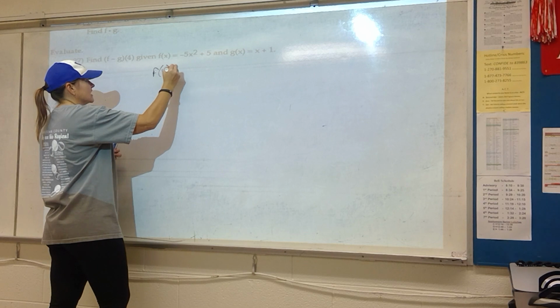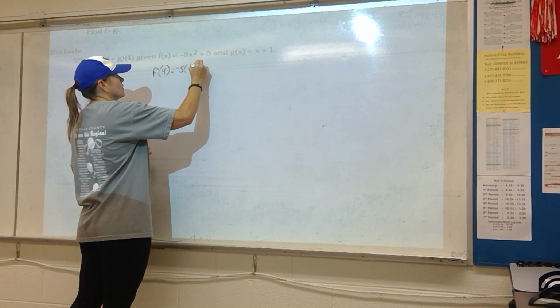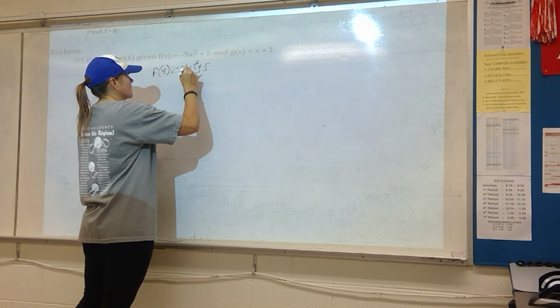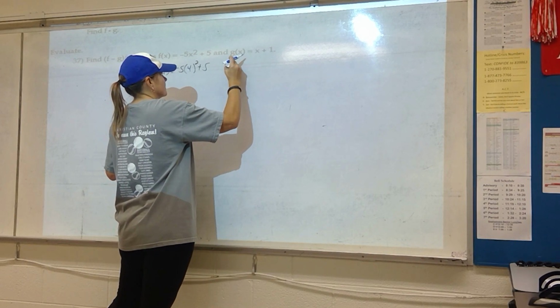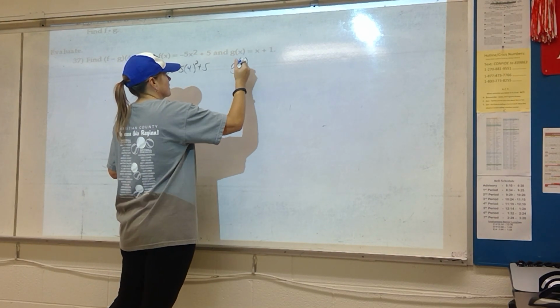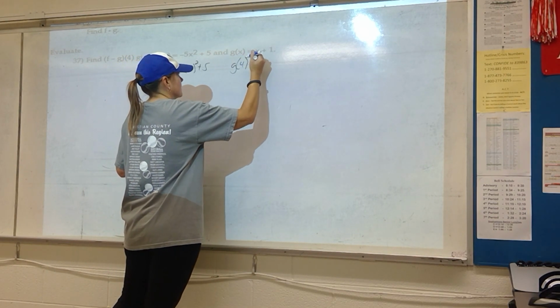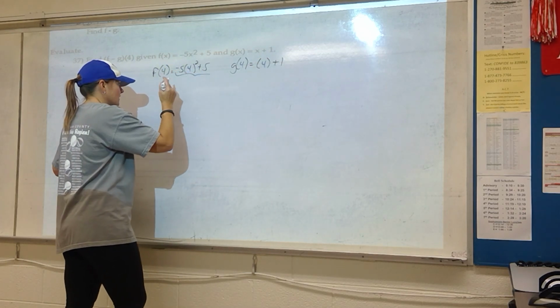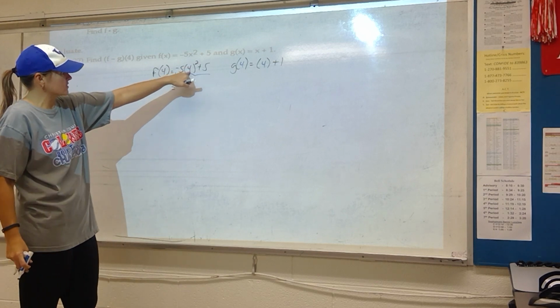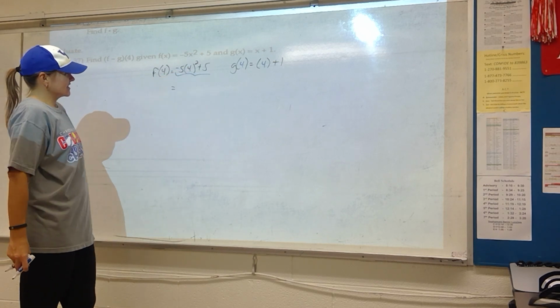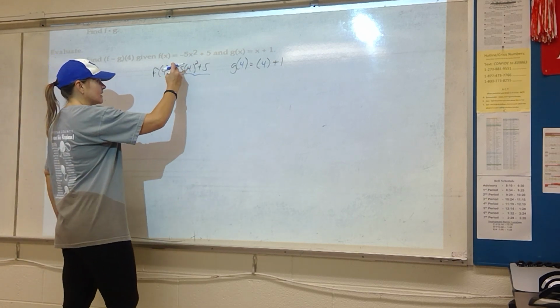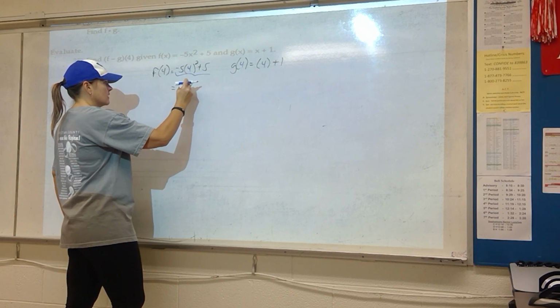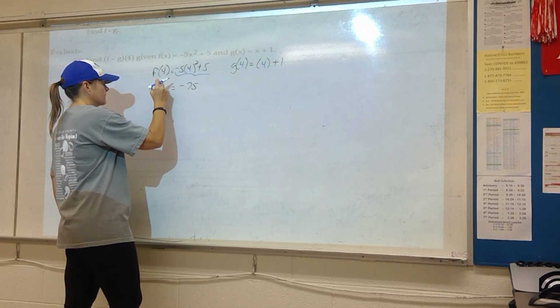So here, everywhere there's an x, we're going to use parentheses and plug in a 4. Same thing on the g equation. You can use your calculators. If you don't have a calculator, you do exponents first. 16. 16 times -5 is -80. -80 plus 5 is -75.